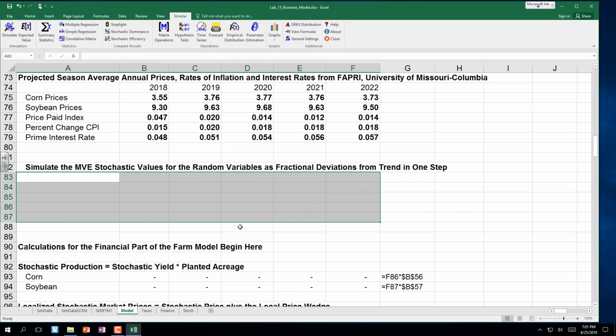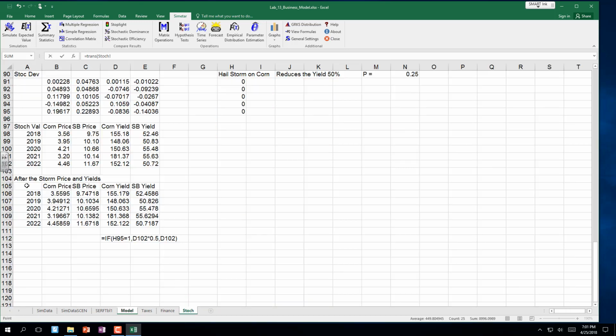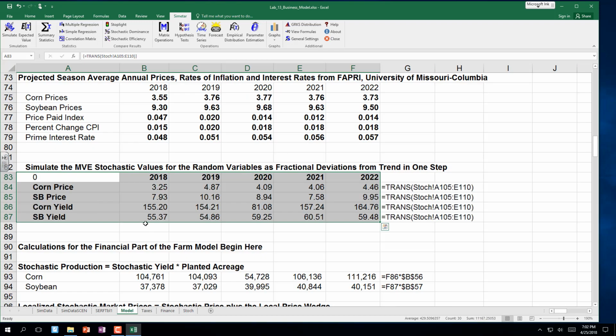It's gone. We talk about getting insurance now. 0 prices, 0 yields. Okay. Now, equal TRANSPOSE, references. And then we go back here to the stochastic sheet. I'm going to highlight all of that, just like that, and then press Control-Shift-Enter. It brought it back in, and miraculously the whole model comes back to life.